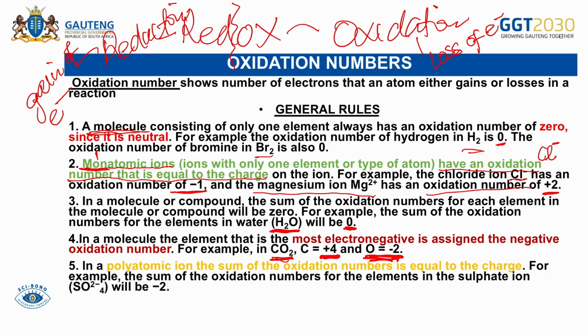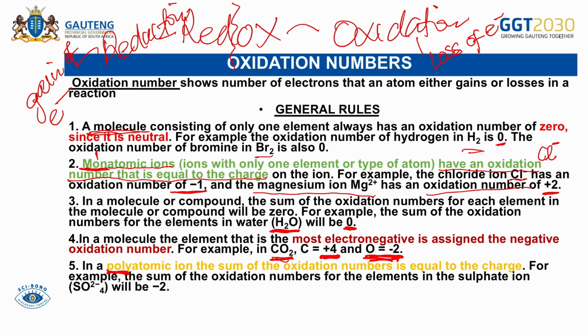Rule number 5, in a polyatomic ion. Poly means many. So we've got many atoms, okay, in this ion, all right? So in a polyatomic ion, the sum of the oxidation numbers is equal to the charge. It speaks to the same as what we spoke about in a monatomic ion.